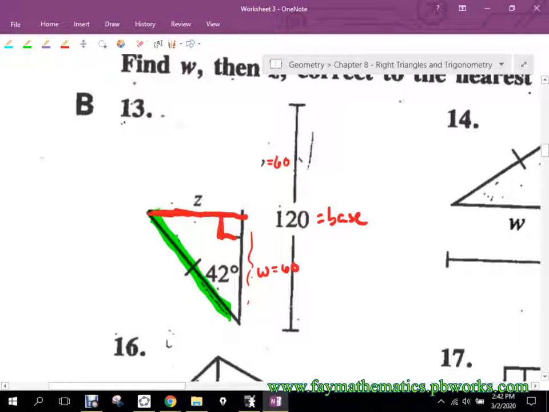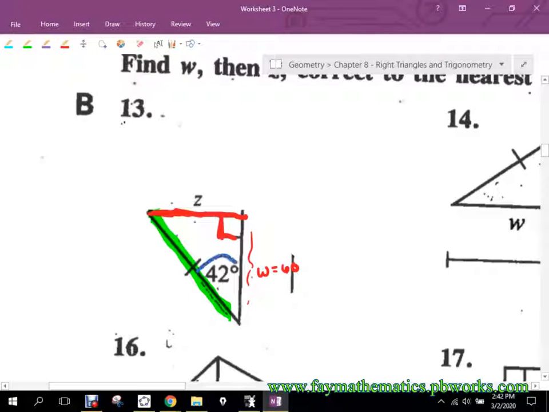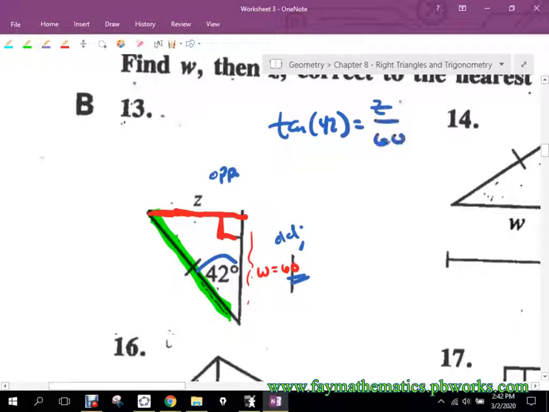Once I know that, can I just essentially look at that image there to find Z? And if I do that, what side is Z compared to my 42? Opposite. And W, or the 60, would be the adjacent. So I'm going to say a tangent of 42 is equal to Z over 60.